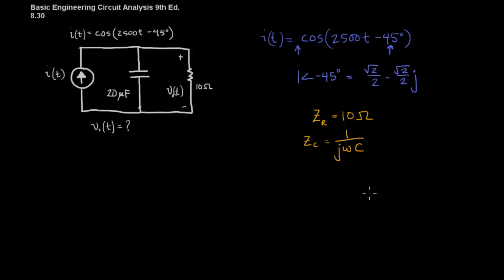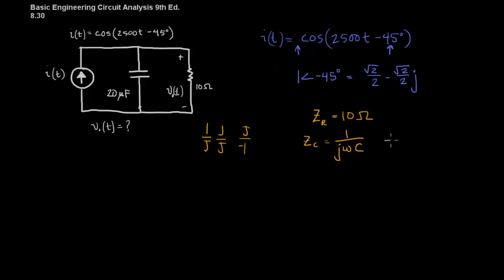We can't have j in the denominator if we want to leave it in standard form. So convince yourself that 1 over j is equal to negative j. Simply like this, 1 over j. If I wanted to put that into a standard form, I'd have to multiply it by j over j. I'd get j over negative 1, or negative j.